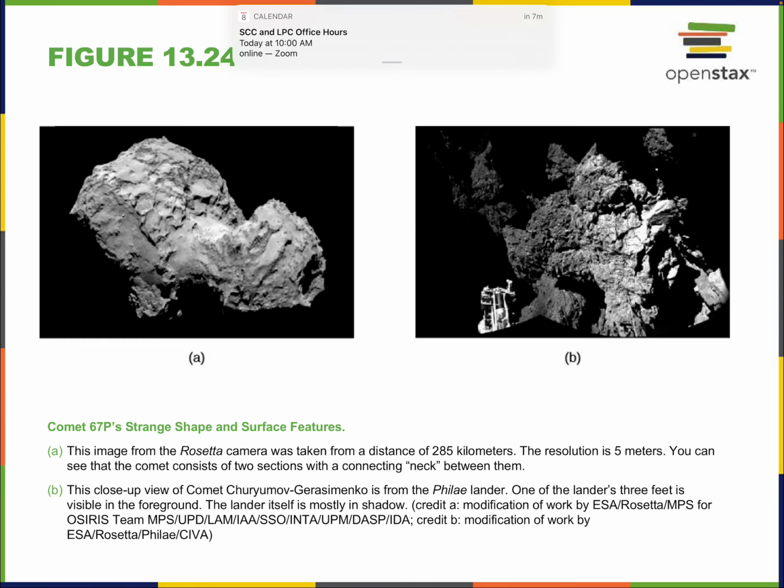And here is a mission that actually went to a comet and landed on it. The Rosetta mission landed on the surface of a comet. Notice that this comet looks solid with no tail, right? Well, that's because this mission happened to meet up with the comet when it was well outside of the orbit of Mars and thus was still frozen solid.